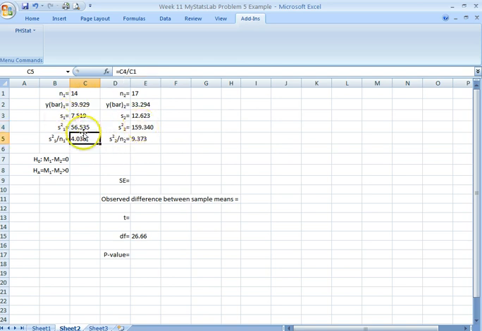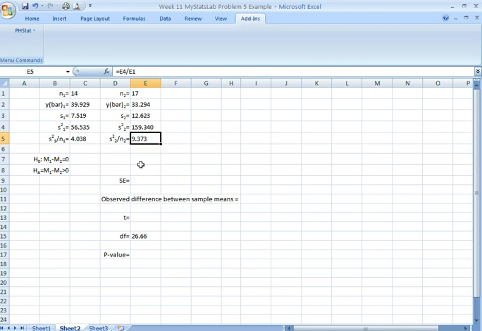Now I also took that same variance and divided it by n for each group. So I divided that one by C1 that cell. Also here I used E1 because 17 was the number for group 2, and got that number so that we can use that in our calculations down here, and it'll make them a little bit simpler once we get down there.